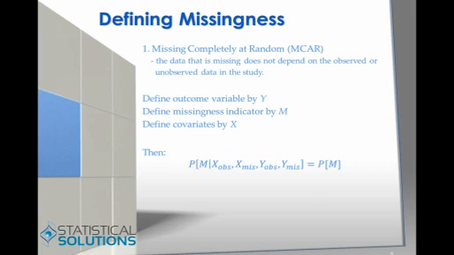If we define our outcome variable as y, a missingness indicator as m, and the covariates by x, then for missing completely at random, the probability of missingness given the observed and unobserved values for the covariates and the observed and unobserved values for the outcome variable is equal to just the probability of missingness, so it's completely independent.